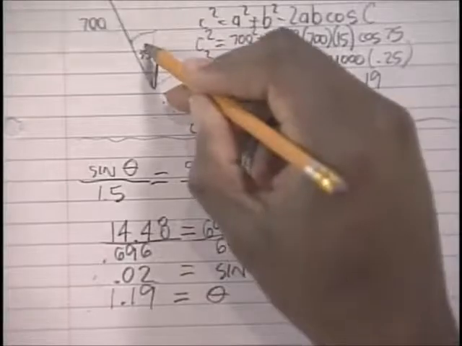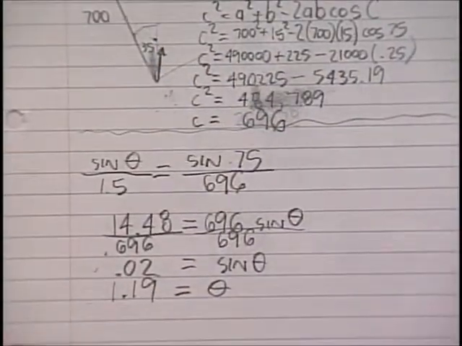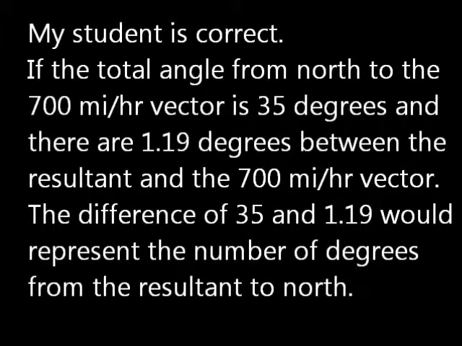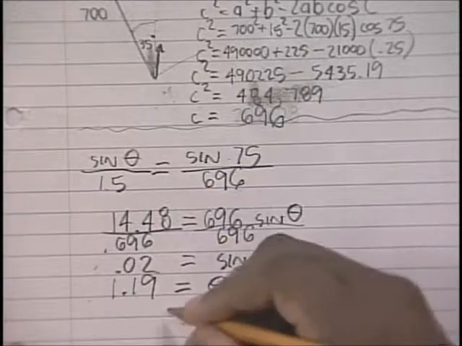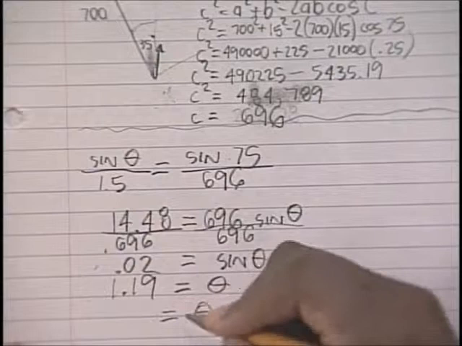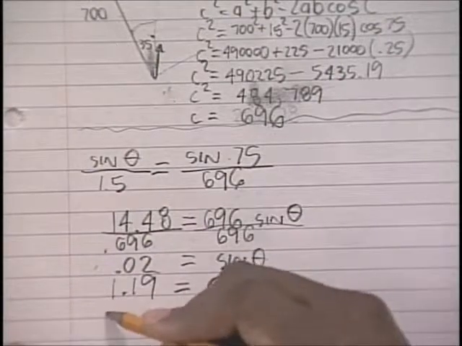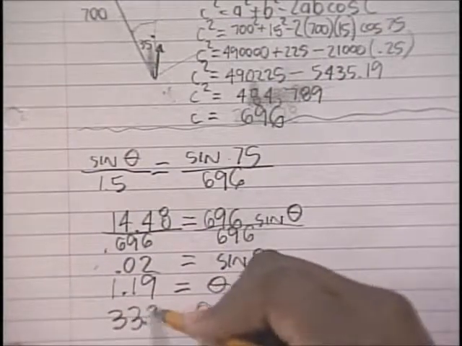If you subtract 35 minus 1.19, what do you get? Like 33 point something. 33.8. Well, that is the same thing that we got.